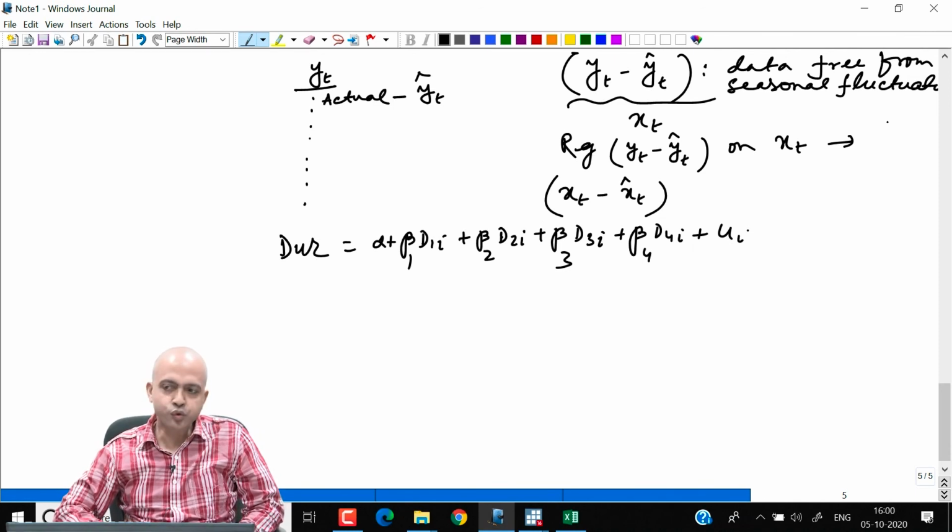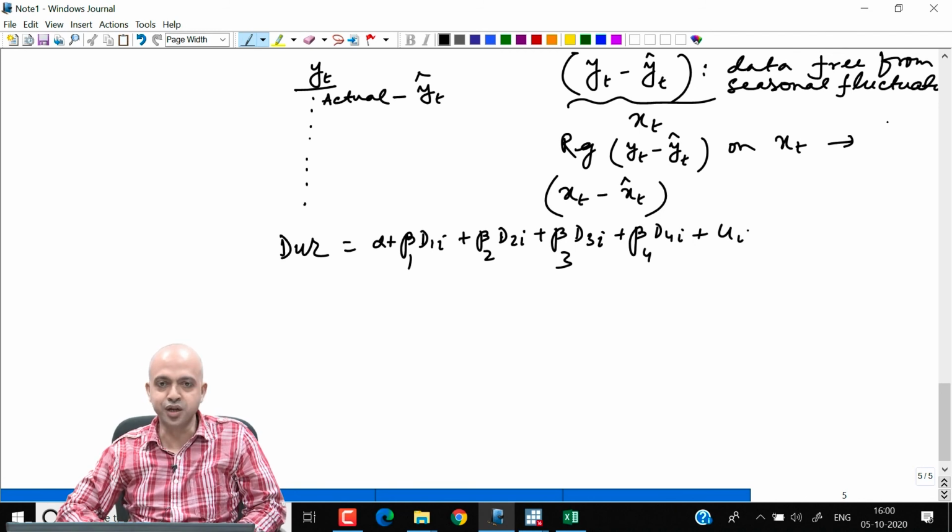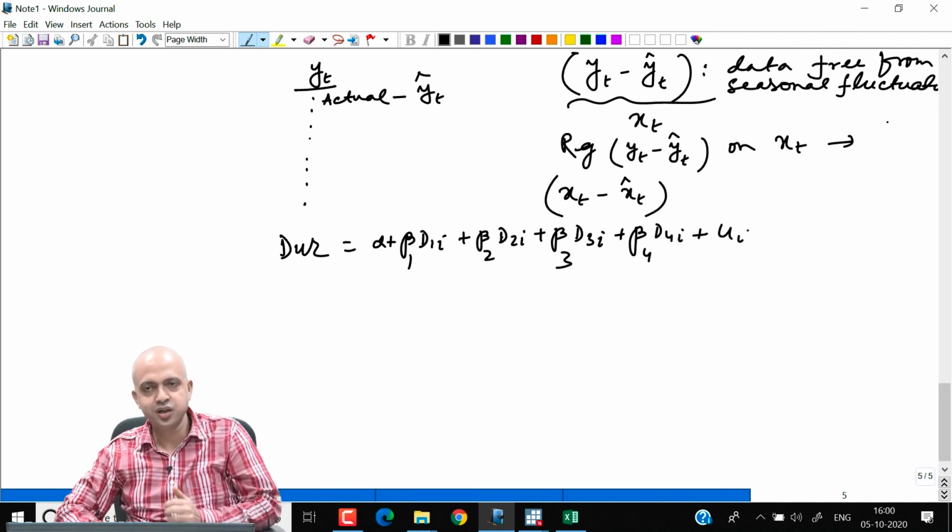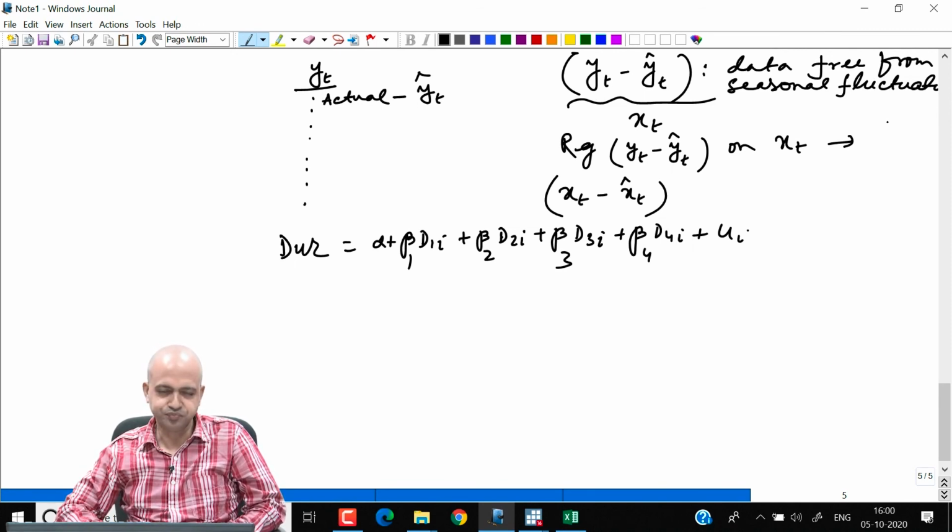So with this, we are basically closing our discussion on dummy variable. Now, so far, if you think about all the dummy variable models, we use dummy for some of our independent variables. For example, here we are using dummy for the season or quarter, which is independent.